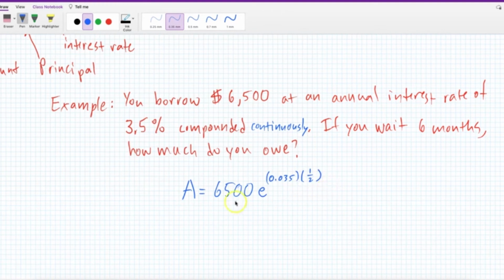Okay. So at this point, I'm going to put this in my calculator. If I have a calculator that can only do one calculation at a time, it makes sense to go ahead and multiply the 0.035 and the 1/2 before I start.